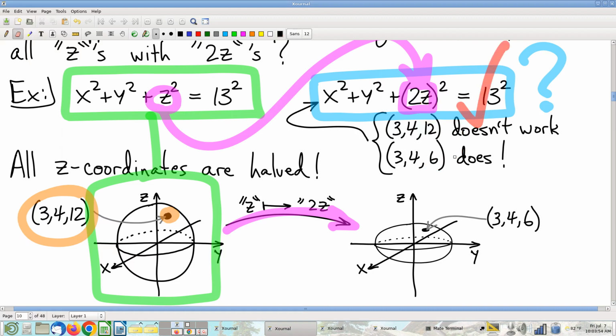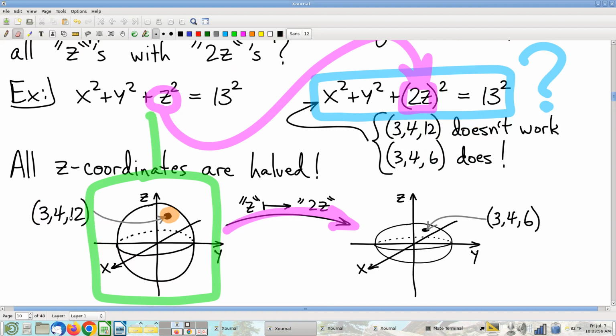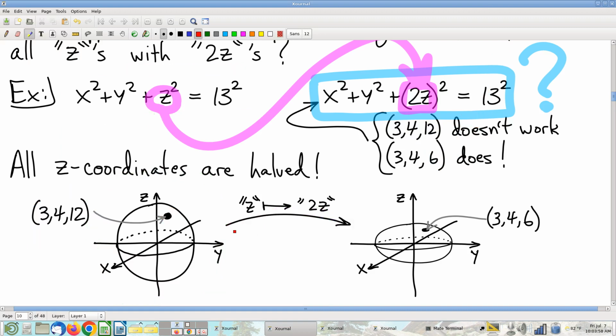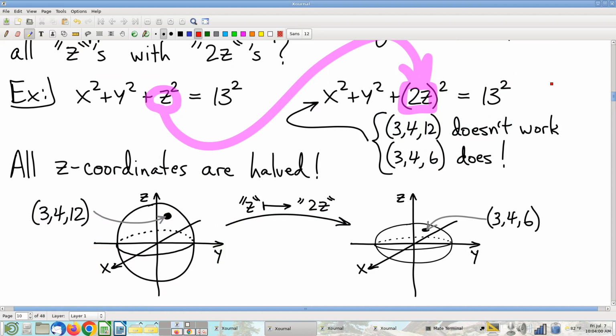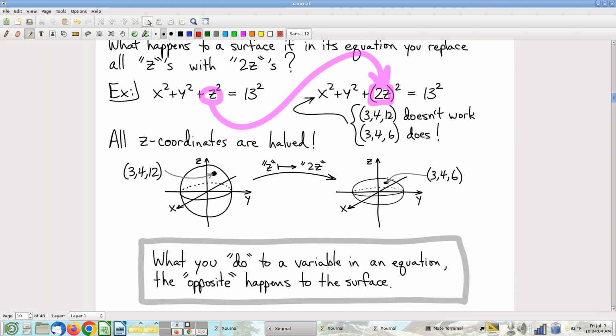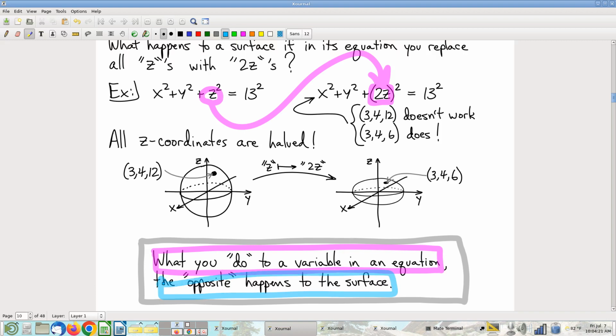So the punchline is, whatever you do to the variable in the equation, here I replace z with 2z, in some sense the opposite happens on the surface.